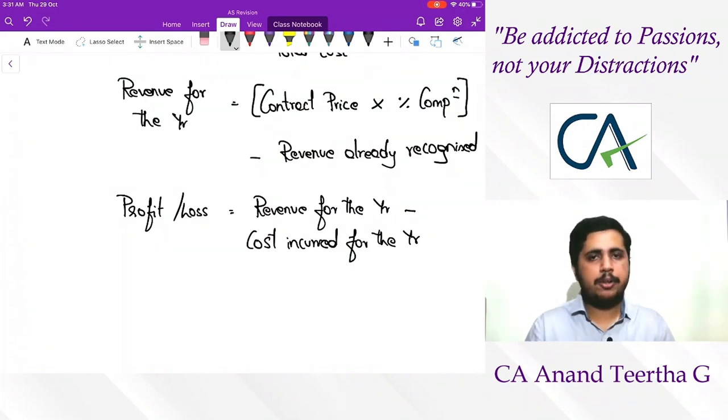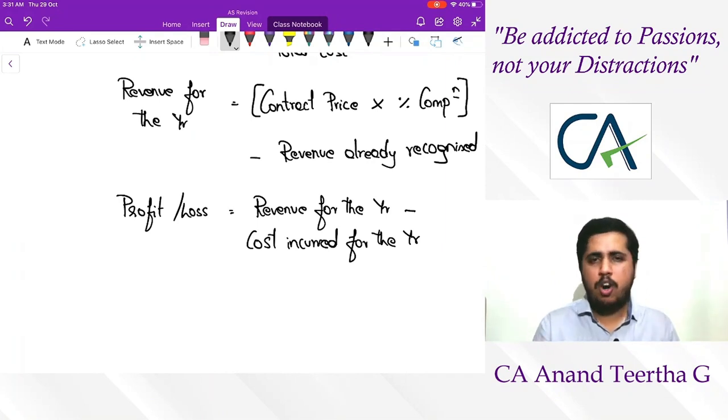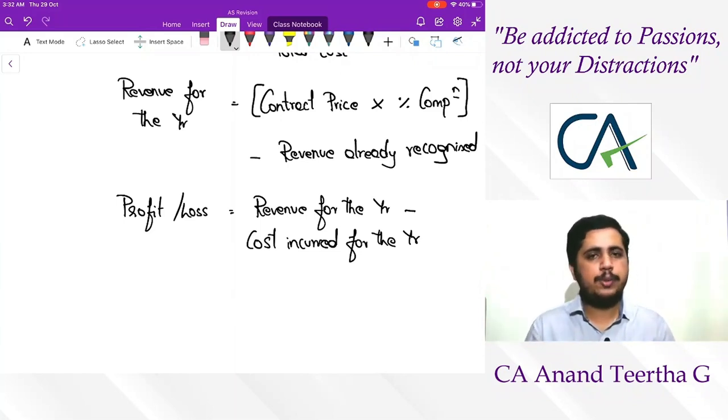So this is how you are going to get your formulae altogether. Normally profit calculations are very common. First you have to get your revenue, that is important. Cost incurred till date, anyhow they will give it to you. Finally revenue minus cost will give you profit. So this is how you have to bring up your answers when it comes to AS7.